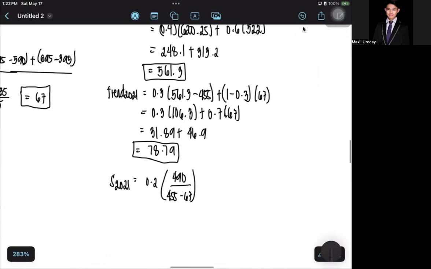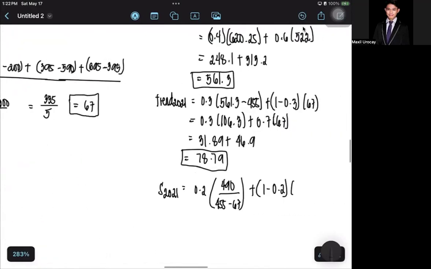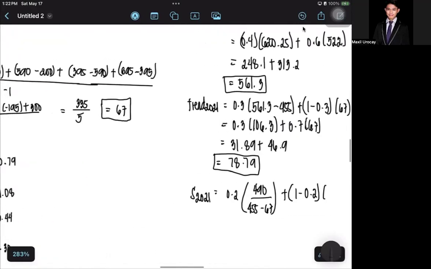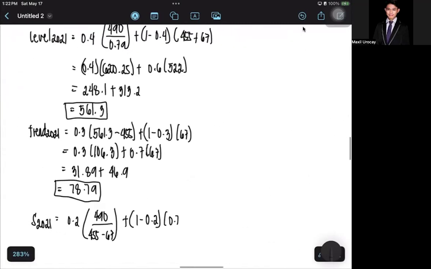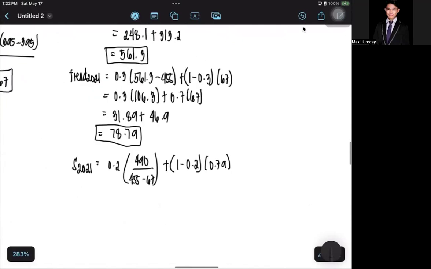Okay. Then afterwards, you have to add the parameter itself, plus 1 minus 0.2, and then your previous seasonality. The previous seasonality for this is actually 0.79. So 0.79 is your previous seasonality.